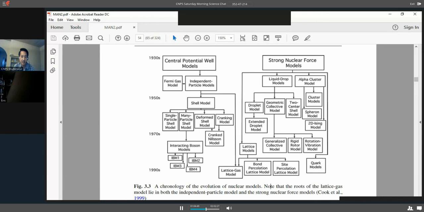The general potential well models is a shell model. The shell models versus the strong nuclear force, we seem to have liquid drop models here. And where does he put his lattice model in this thing? It's on the right, near the bottom. Oh, near the bottom, lattice model.